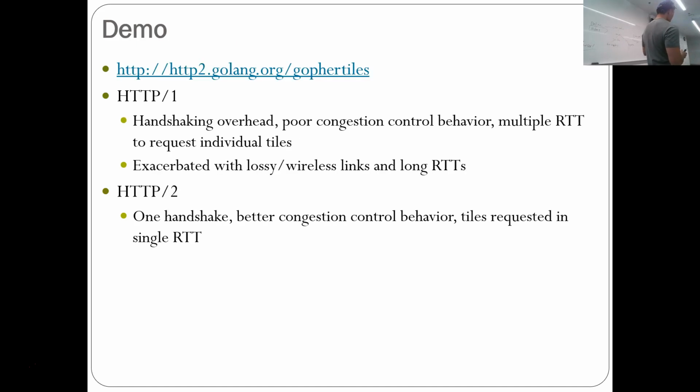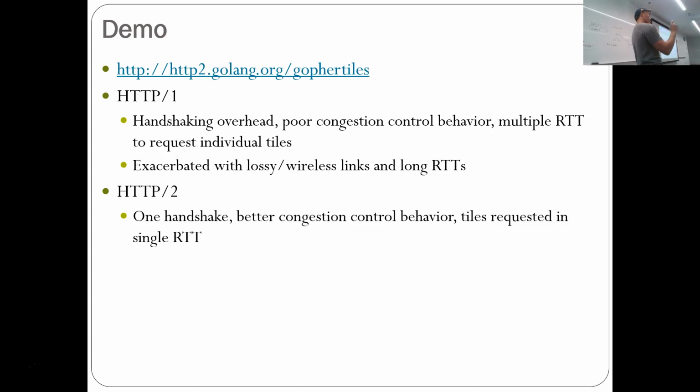Okay, so as a demo, you can bring this up on a web browser, go to this Gopher tiles thing. It is an HTTP2 server written in Go. The Go language has a Gopher icon, and there's a Gopher icon that's tiled, I think there's like 100 tiles.